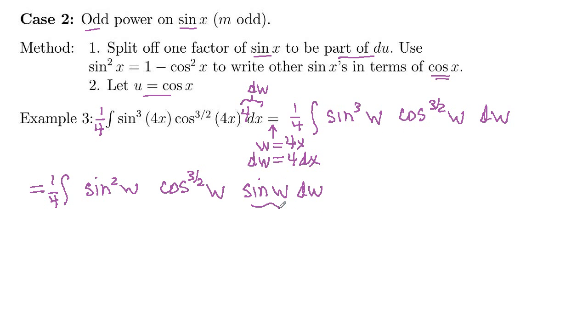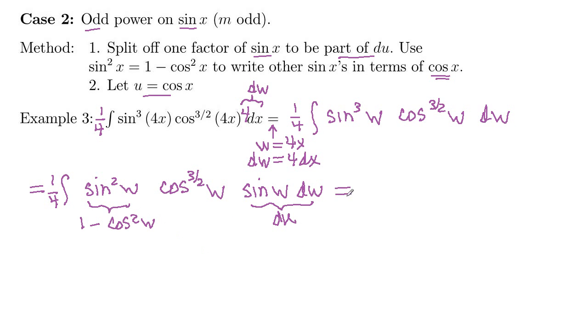So this is going to be our du, and then u is going to be cosine. It's almost our du. It's part of our du. So we need to write everything in terms of cosine, in particular our sine squared right here. That's 1 minus cosine squared of w.